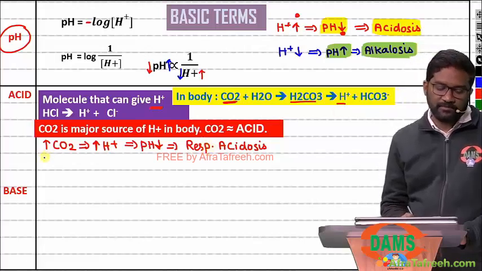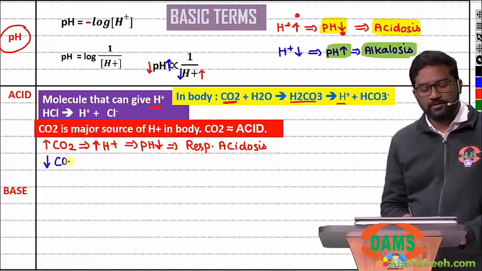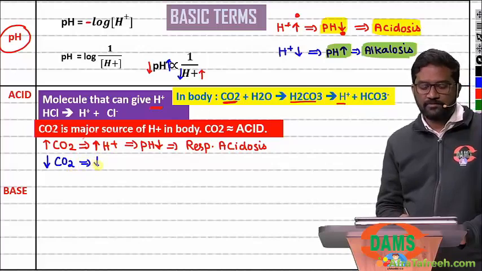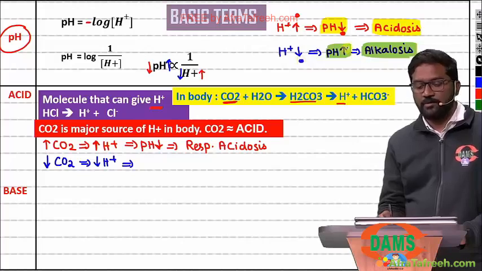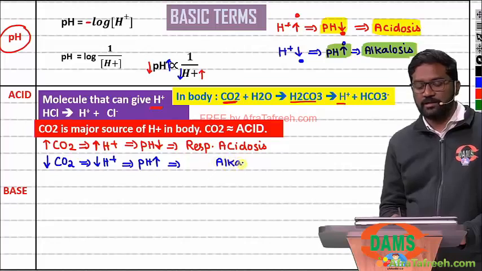Now because of some disease, CO2 is not at all formed in your body, or there is less CO2 in your body. When CO2 is not there, what will not be produced ultimately? H plus. If H plus reduces, automatically pH will increase. Anywhere increase in pH is referred to as alkalosis.